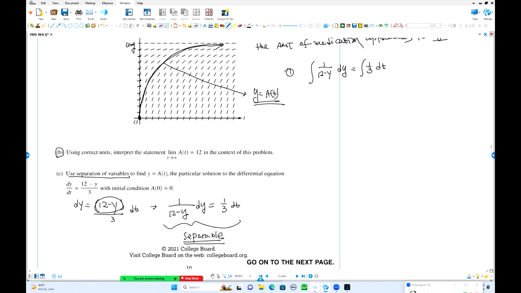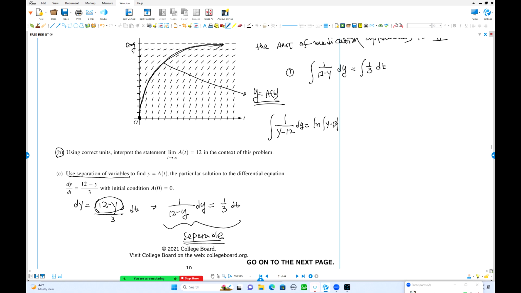What is the antiderivative of 1 over (12 minus y)? For 1 over (y minus 12), the antiderivative is ln|y minus 12|.